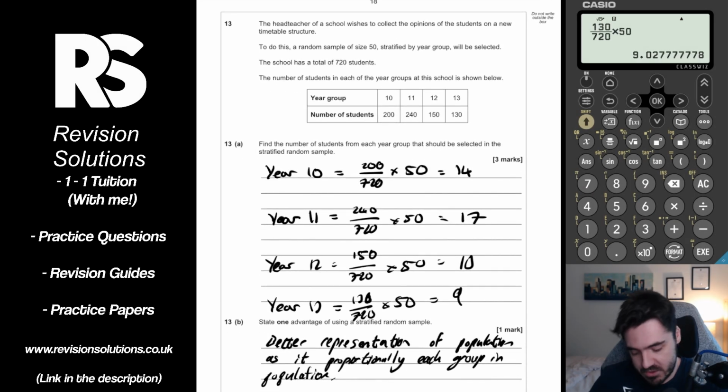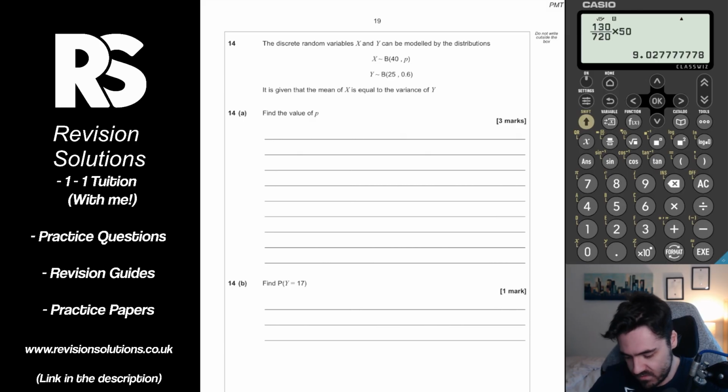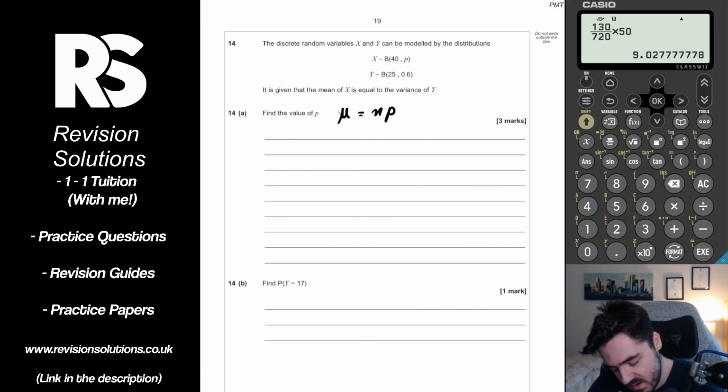Moving on now to question 14. It says the discrete random variables x and y can be modeled by the distributions given there. It is given that the mean of x is equal to the variance of y. So first off, we need to know the mean and the variance of a binomial. So the mean of a binomial is np, and the variance is np(1 minus p).